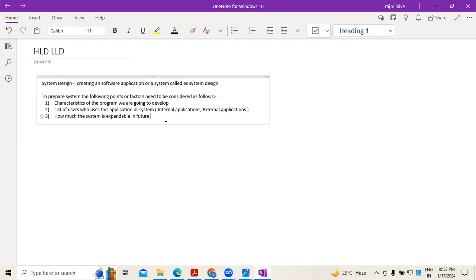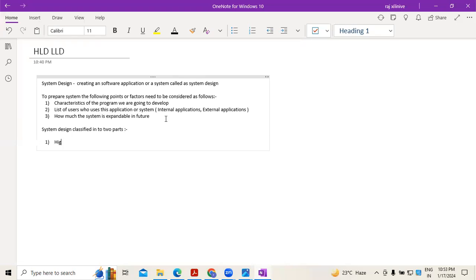Now, when it comes to system design, it is usually classified into two different parts.